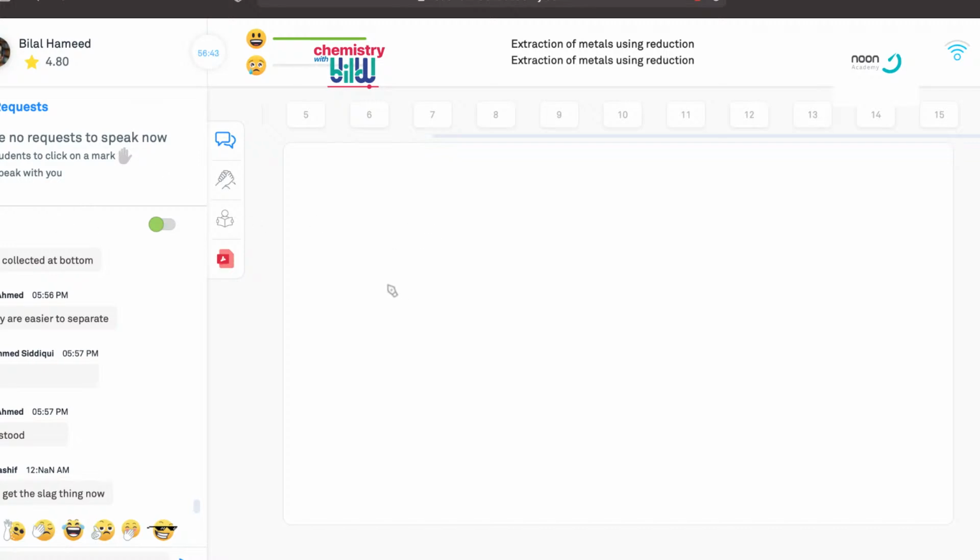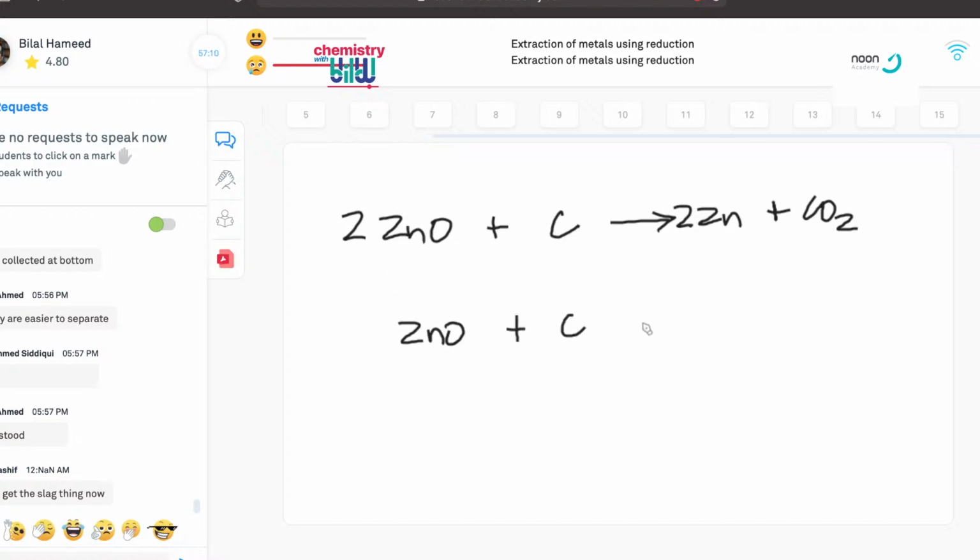Zinc is also, because it's the same idea. If something is more reactive than coke, it will do this. So I'll just show you, because zinc is less reactive than carbon. Carbon can react with zinc oxide to become zinc and carbon dioxide. It's the same thing. Exact same. Or zinc oxide plus, you don't have to learn this, by the way.